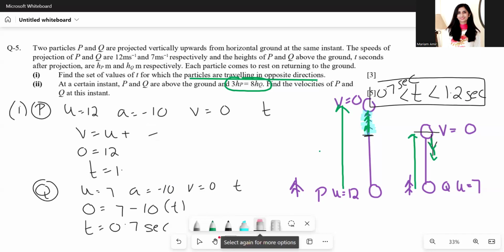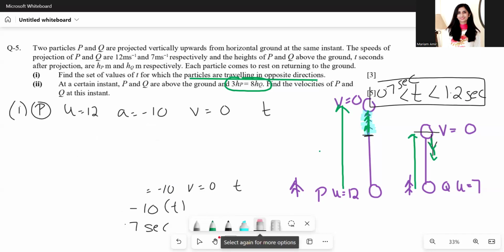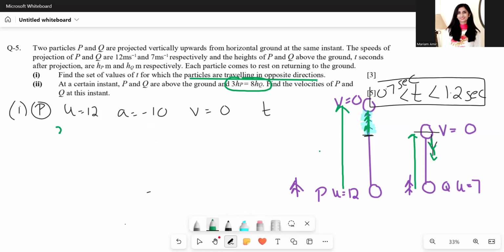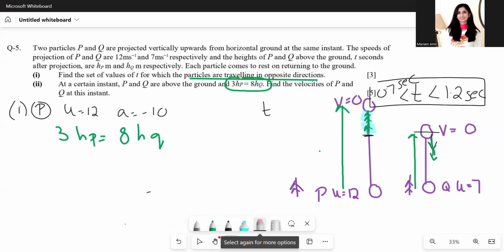Okay, so now we have to use this equation: 3hP = 8hQ. What do we know? We know u for P, we know a, and we need the equation for s, and we can use t in it.